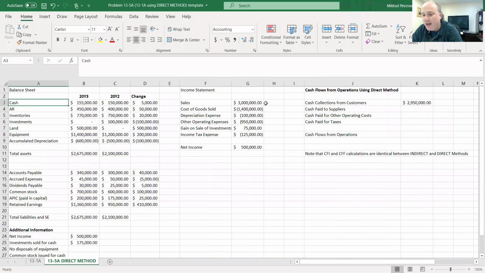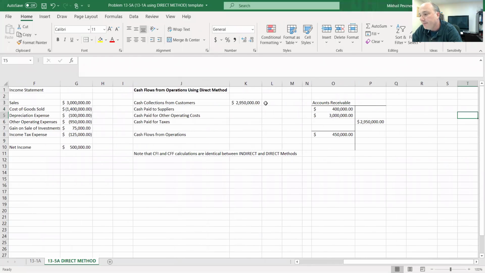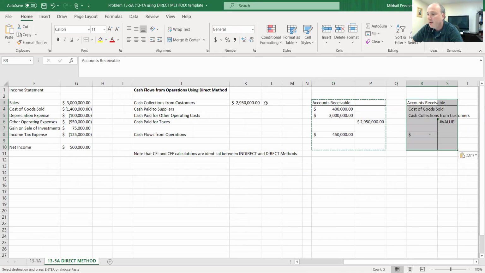What I need to analyze for that is an inventory account and an accounts payable account, because if you think about how this works, inventory gets bought on credit first, we're going to assume, and that generates purchases.